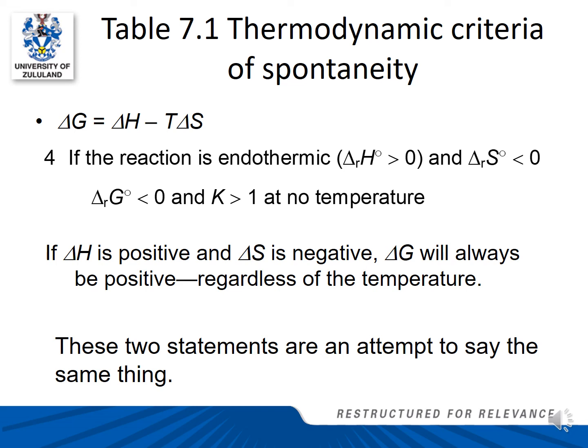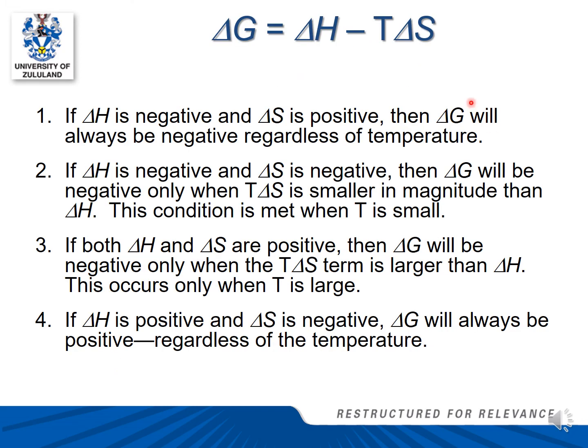So in this case, delta G should be less than 0 and K should be greater than 1 at no temperature. Or if delta H is positive and delta S is negative, delta G will always be positive regardless of the temperature. So these statements basically say the same thing.